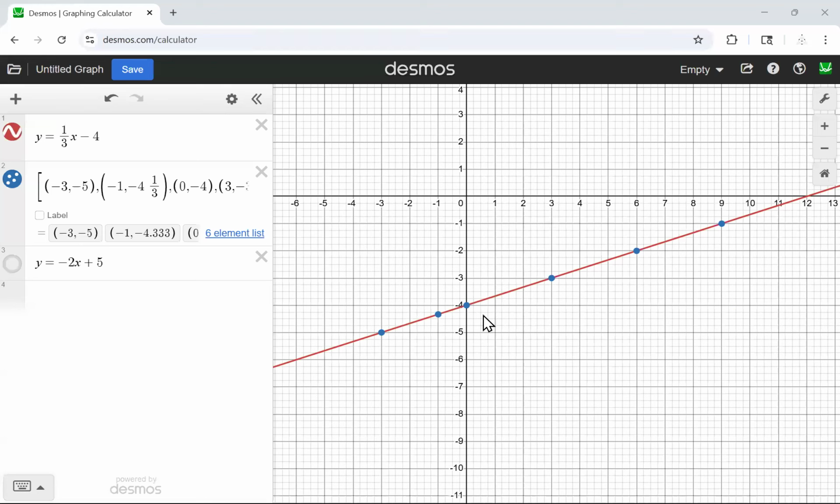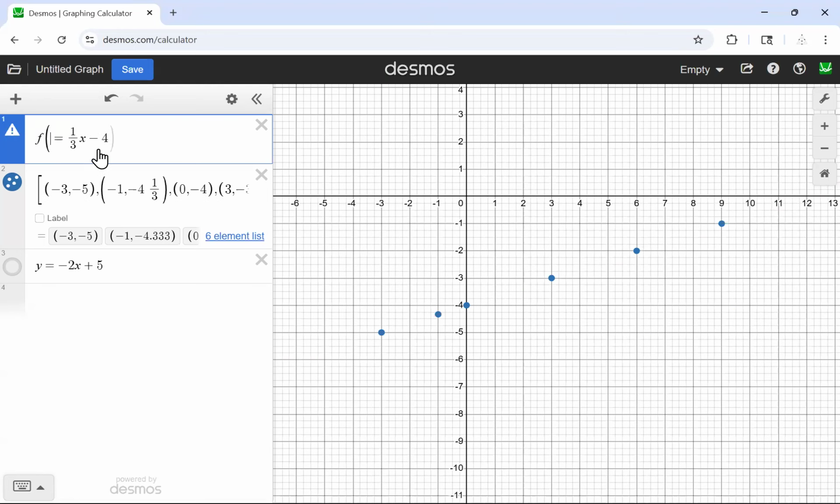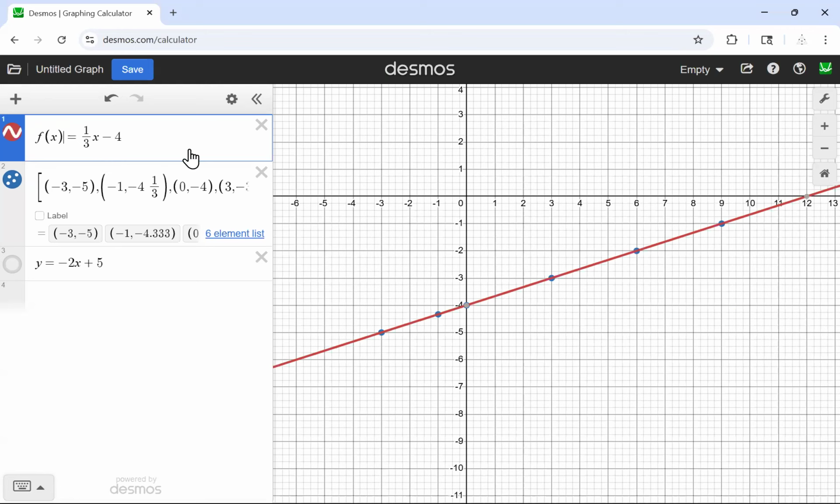Let's examine the slope in the last example that we did. Well, actually, let's start with the y-intercept first. The last example we did was y equals 1/3 x minus 4, or we could have written f of x equals 1/3 x minus 4. It's the same thing. My y-intercept is the point 0, -4. Now, the next point that we plotted was the point 3, -3 after the y-intercept.